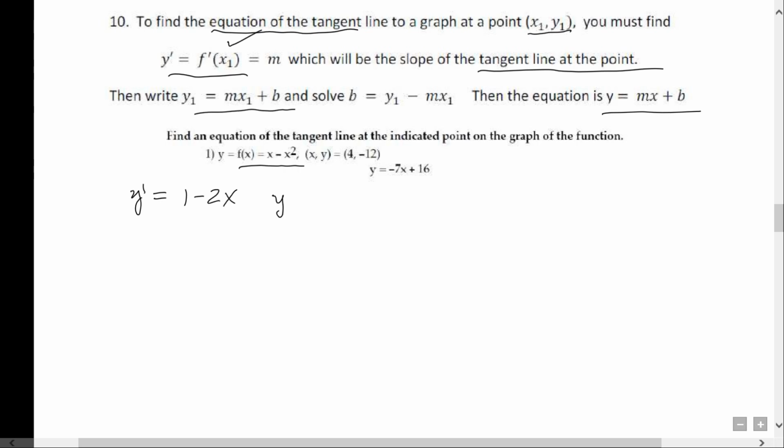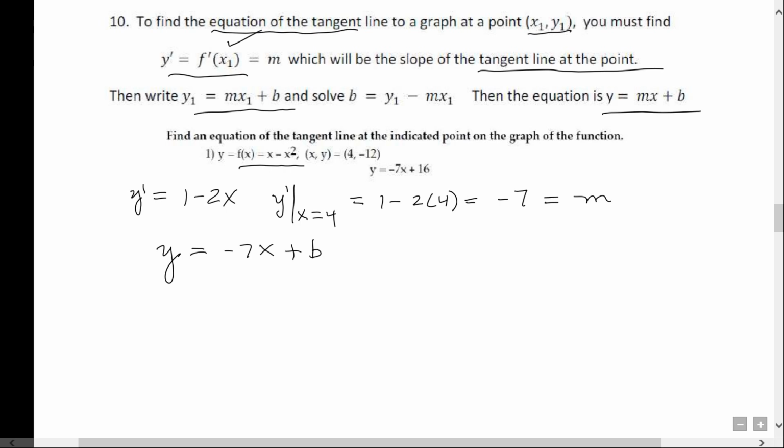And so y prime at x equal 4 is just simply 1 minus 2 times 4 equal minus 7. So this is equal to m, the slope of the tangent line. So we can write down that the equation of the tangent line is y equal minus 7x plus b.